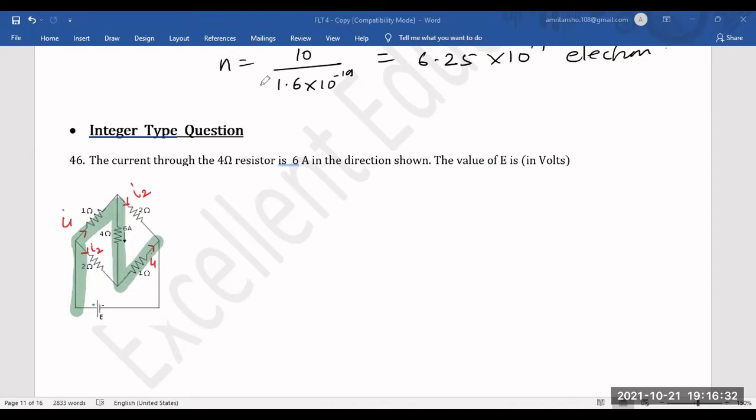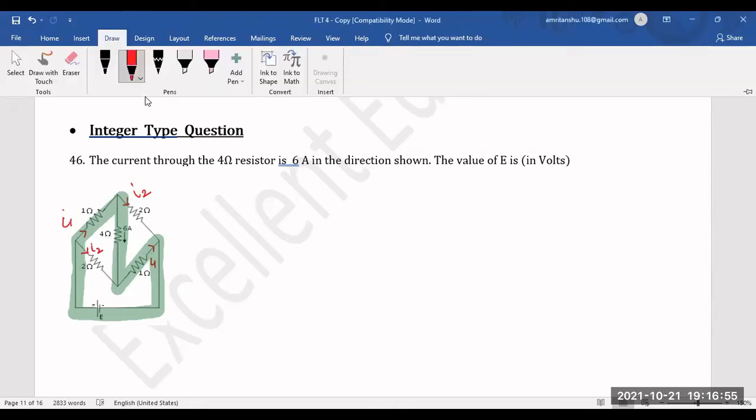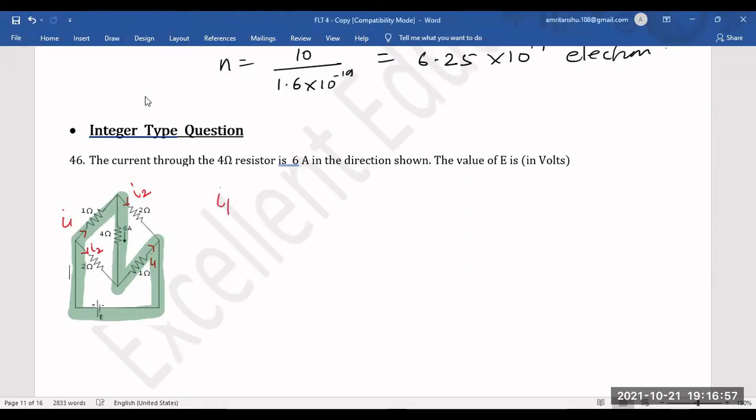we just mark it over here. So let me take this one. If we move accordingly in this path which is being highlighted, the equation that forms is as follows. I1 plus 6 into 4 plus 24 plus again I1.